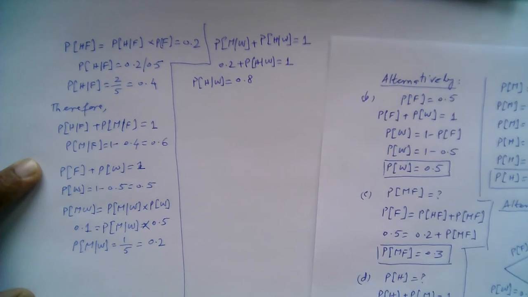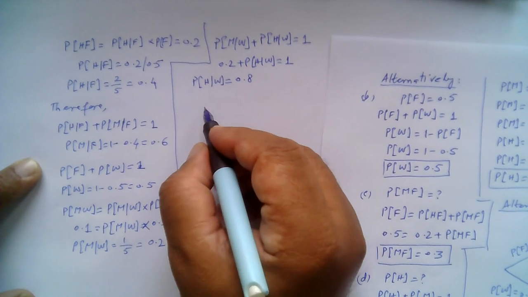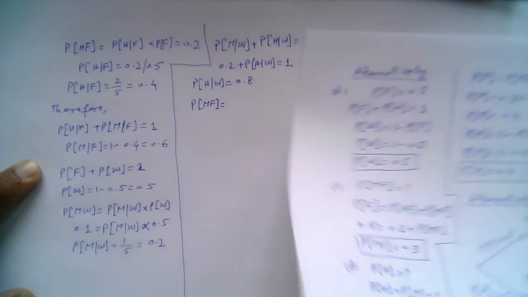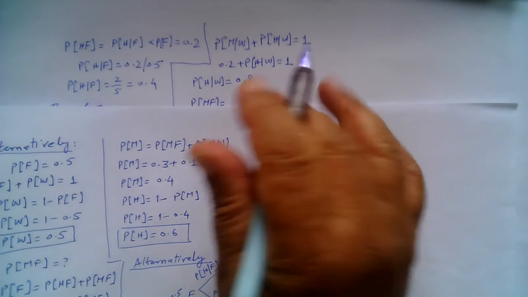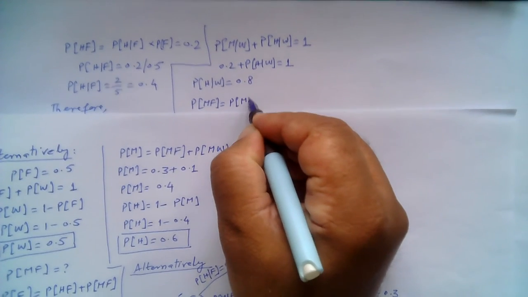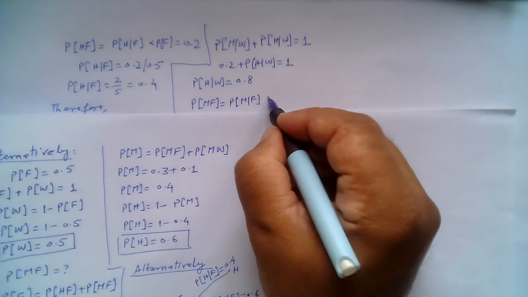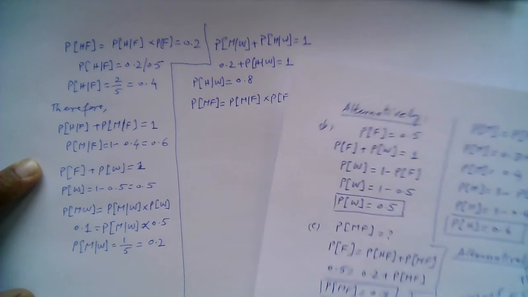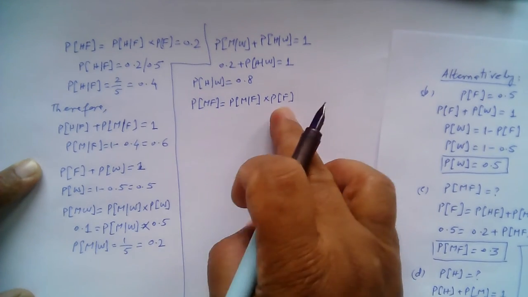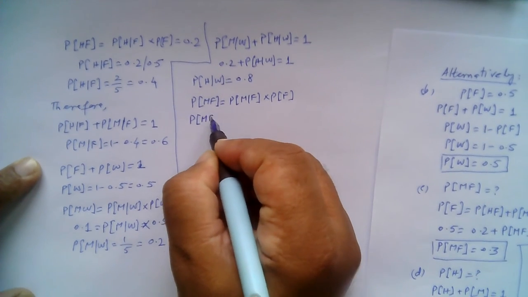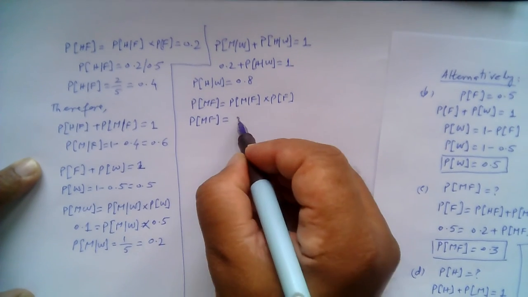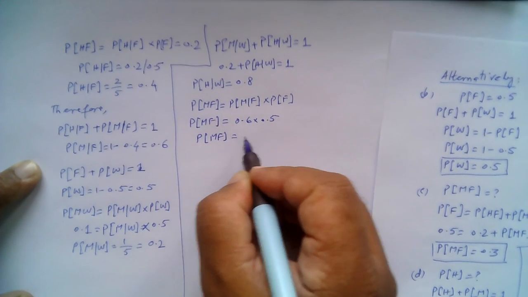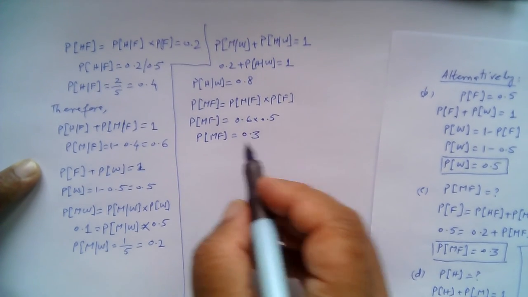So writing it here, we can write the probability of MF is equal to the probability of M given F multiplied by the probability of F. M given F we have already found out to be 0.6, and the probability of F we already know is 0.5. So 0.6 into 0.5, the probability of MF is 0.3.